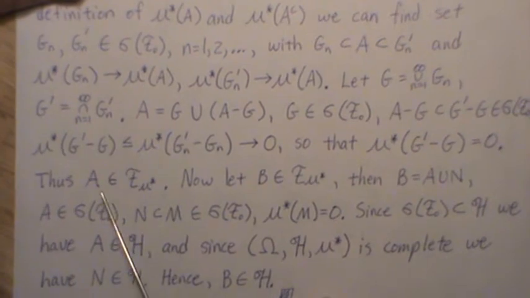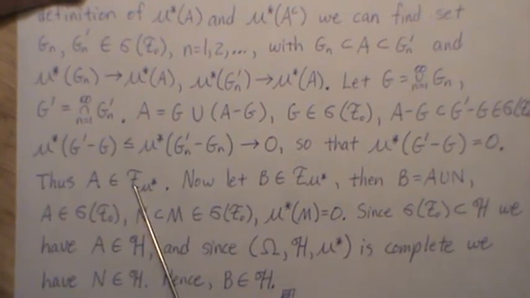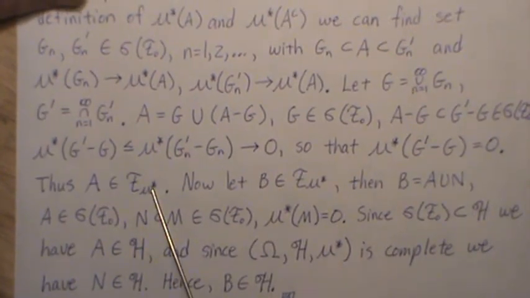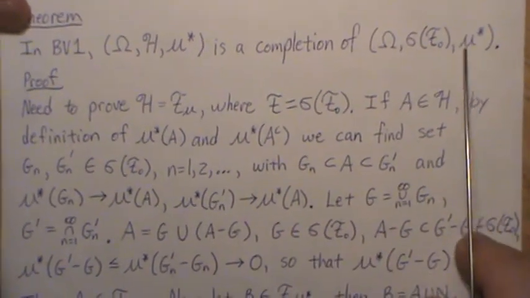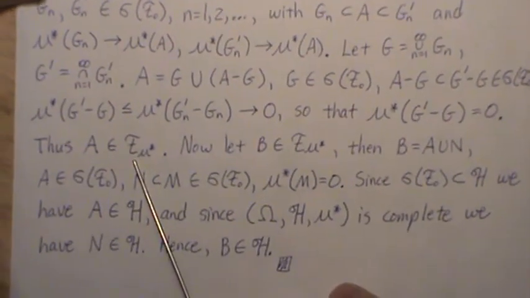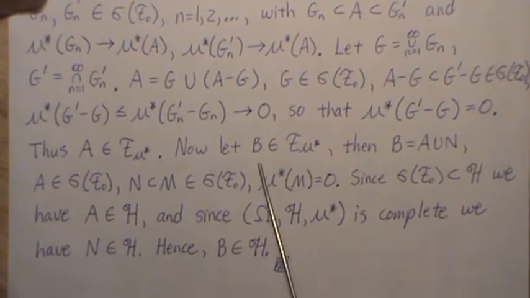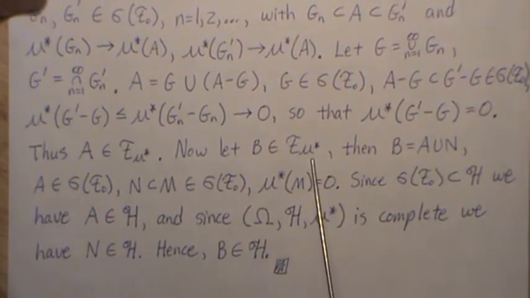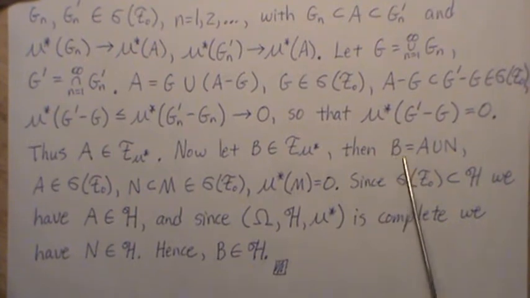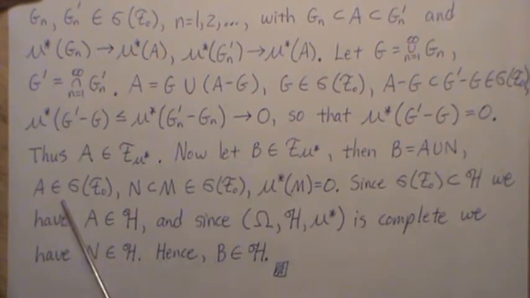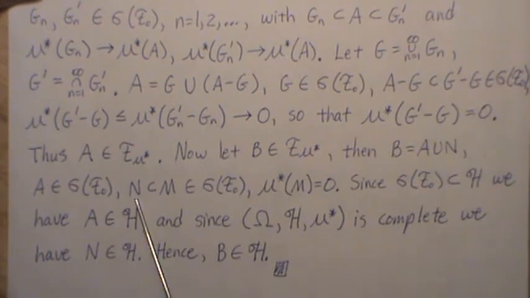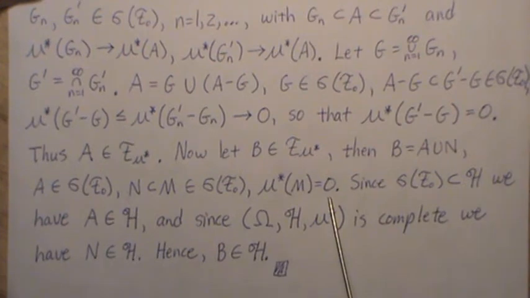Now let A be an element of F of mu star, and it's mu star because that's our measure that we're looking at. Now let B be an element of F of mu star. Then B can be written as A union N, where A is in the sigma field and N is a subset of M, which lives in the sigma field but has measure 0.